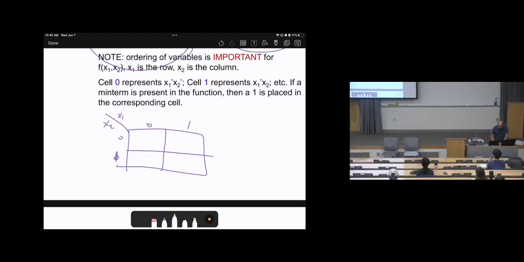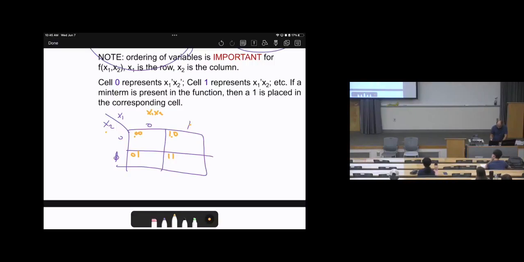Then the locations: this is equivalent to 0,0, this is equivalent to 1,0, this is equivalent to 0,1, this is equivalent to 1,1. Because we know the variables, this is x1, x2, that's how we deal with it. Okay? Understood?